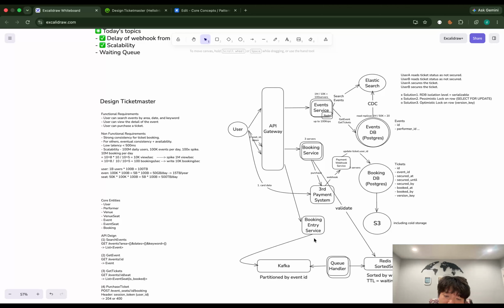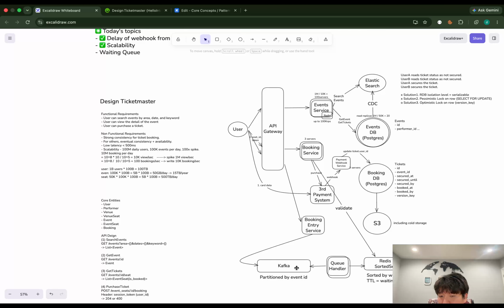Or maybe some other idea is we put the time. Okay, so the idea is when users join the queue, when user was pushed into the queue, we store the timestamp in the session token, session data, and also we calculate approximately how fast the queue is moving.